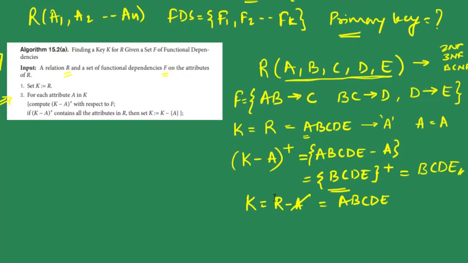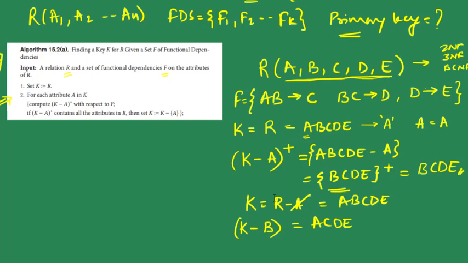Okay, so let's see what happens if I try to remove B from here. So next attribute to remove is B. So what you get is A, C, D, E. Okay, now if you apply the functional dependencies, AB arrow C doesn't apply because B is not present. BC cannot be applied because B is not present here.